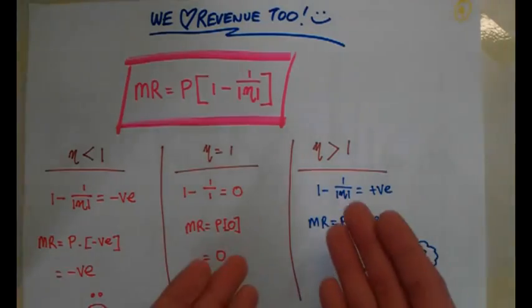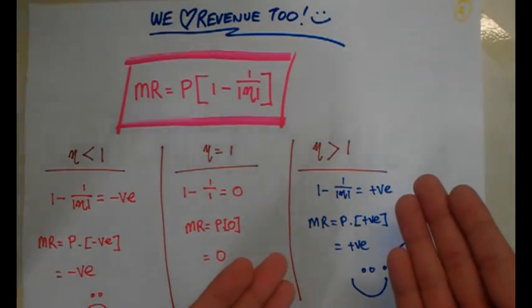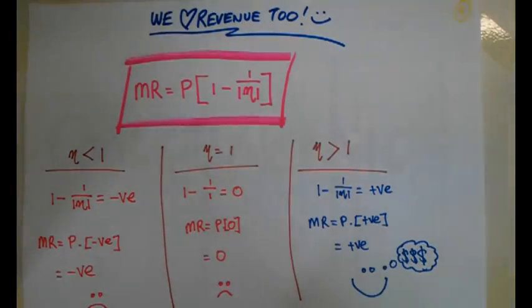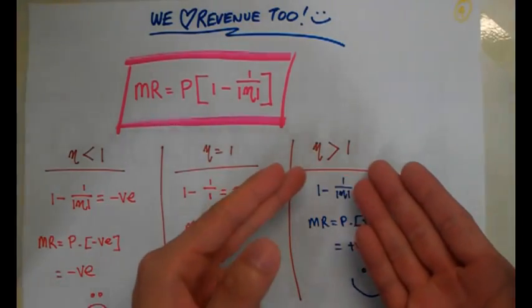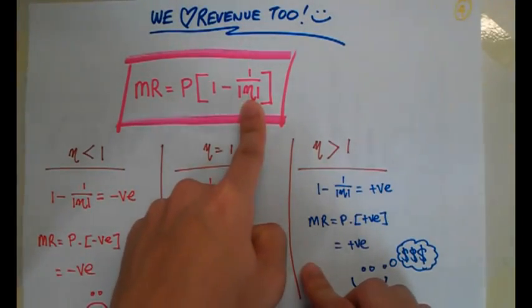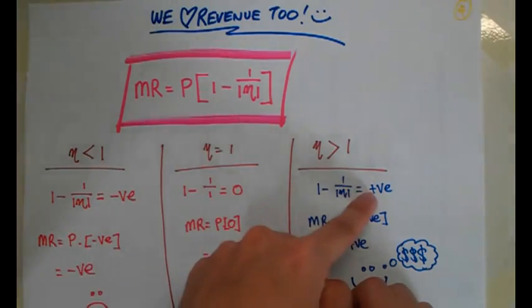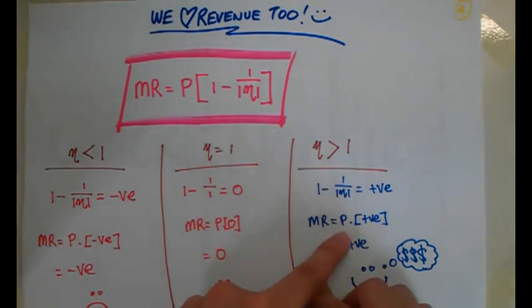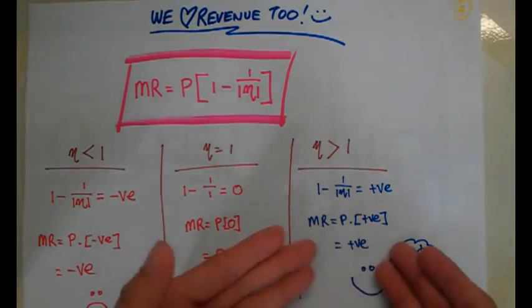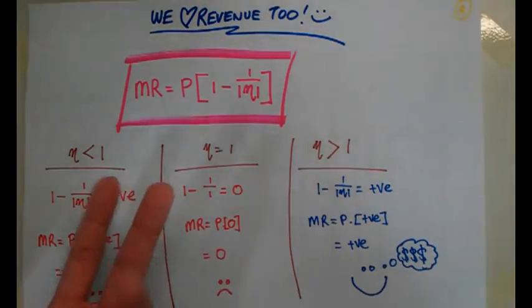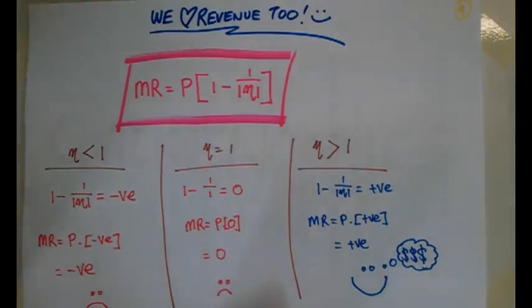However, if my PED is more than 1, it is elastic. Then 1 over PED is less than 1, and 1 minus a figure less than 1 gives a positive figure. Multiplied by price, I get a positive MR, and that's where money comes in. So what can we conclude? The monopolist will always produce at the elastic portion of the demand curve.